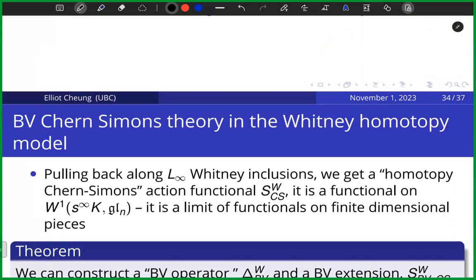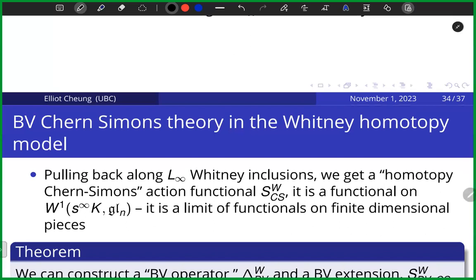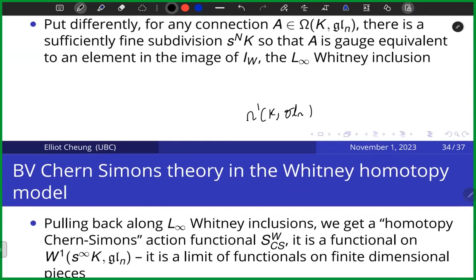So indeed, we can pull back the Chern-Simons functional to this Whitney model. Explicitly, just recall that the Chern-Simons action is some sort of functional on matrix forms, and W1 lives in maps in here, so you can just pull this back.